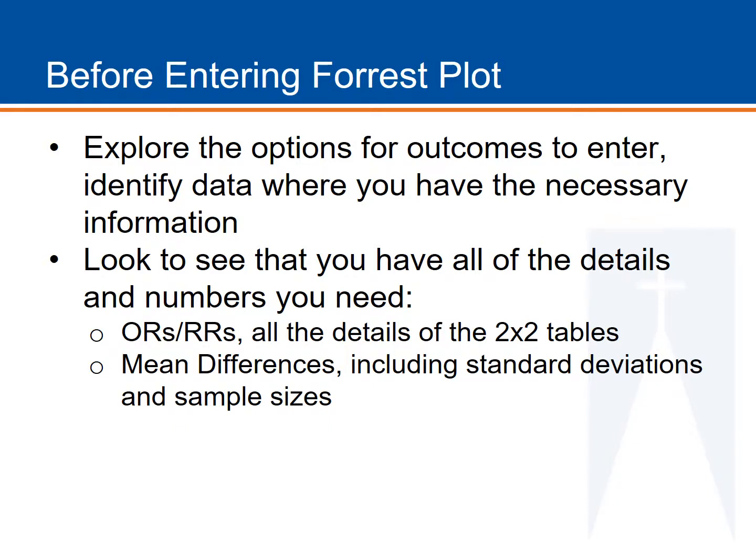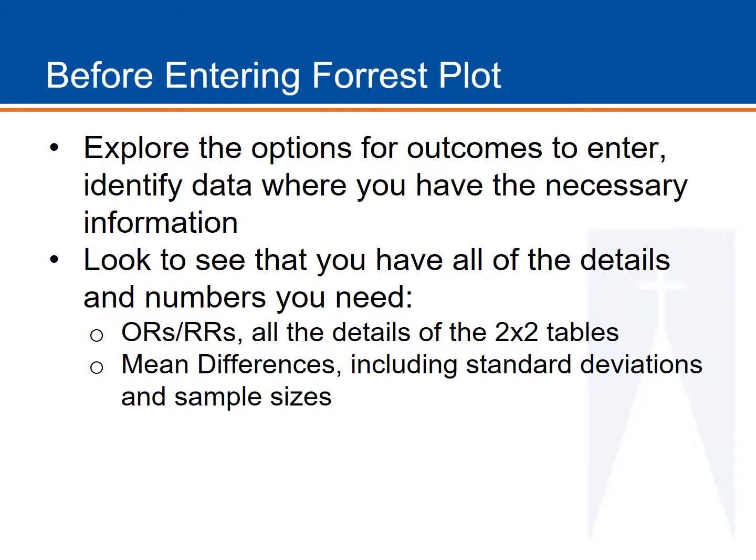Before you enter the forest plot, explore the options for the outcomes to enter. Identify the data where you have necessary information, and look to see that you have all the details of the numbers you need. So you might actually want to go through a practice trial of this just to see what kind of data you would need and to double check that you have that information.